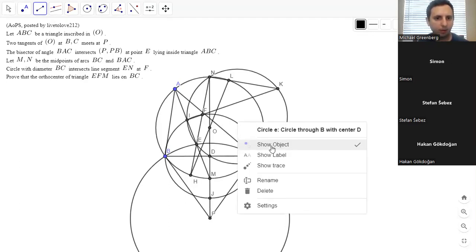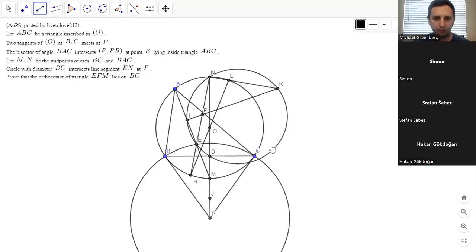How is F defined in the problem? The circle with diameter BC. Okay, so, and define IF intersect MH intersect. Are you sure we don't know?